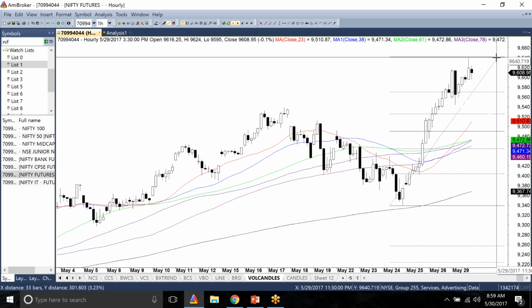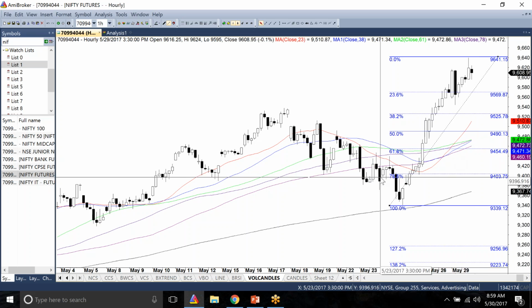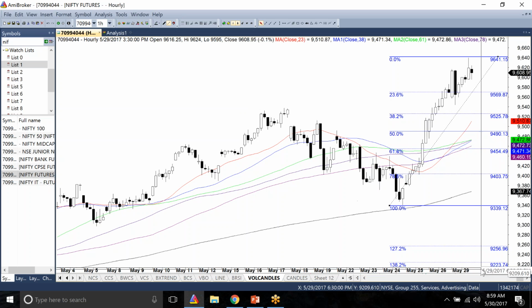So we take one line from here, and we're getting only one swing here. So we have to wait and see at which levels Nifty comes down and bounces back.